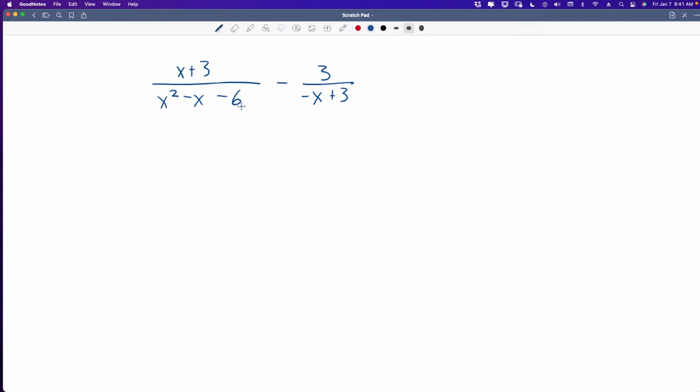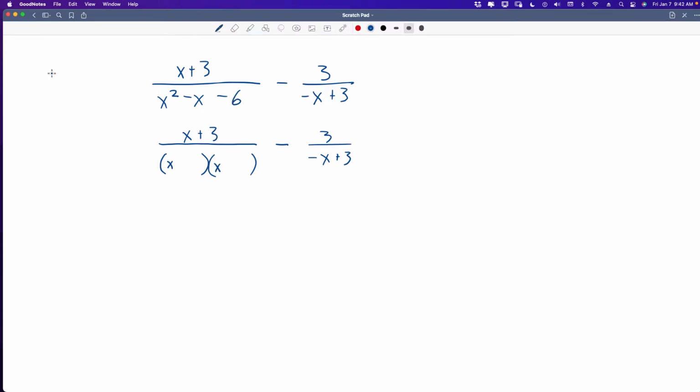So all we're going to do here is factor the trinomial. That's our first step, to see what we have that we can have in common. So we're going to factor this out, and we know x squared is just x times x.